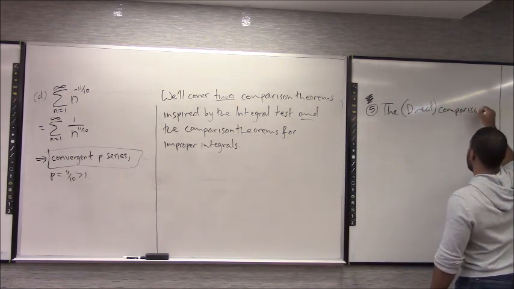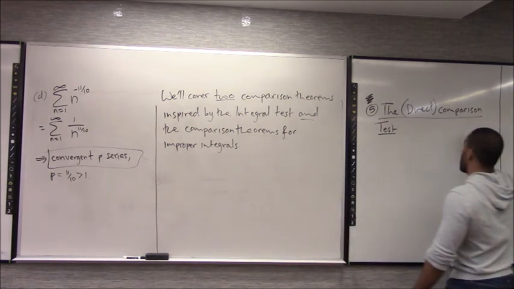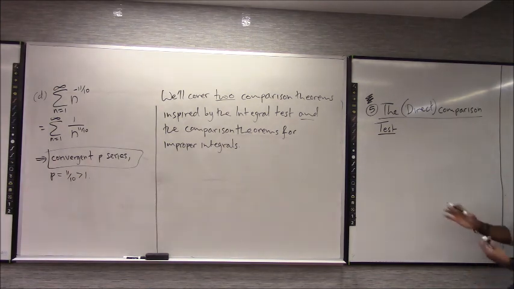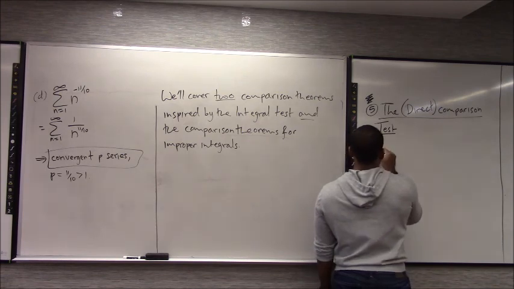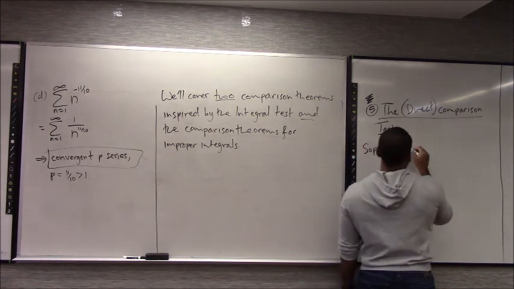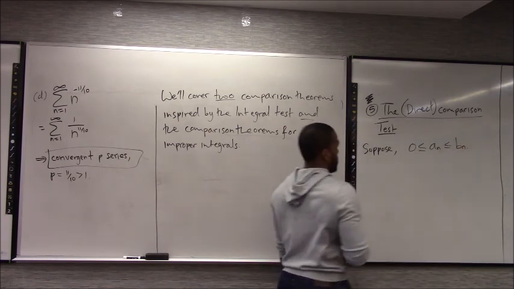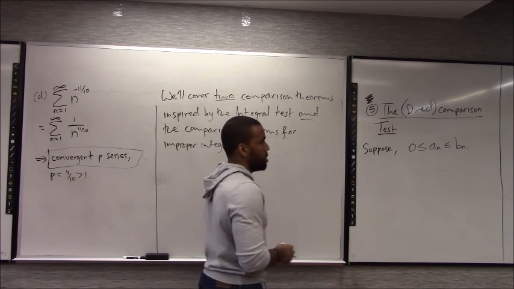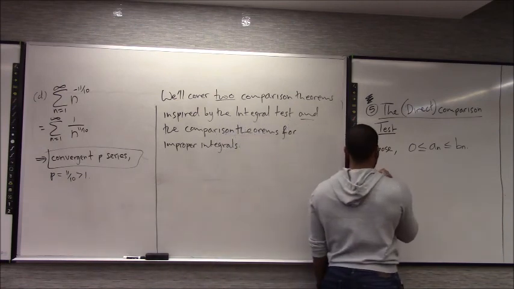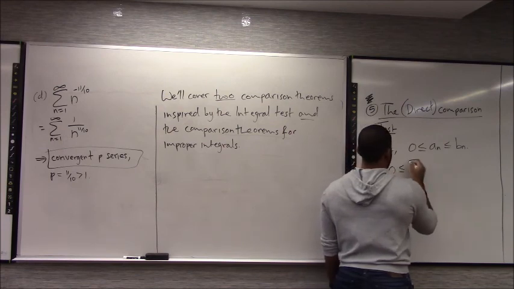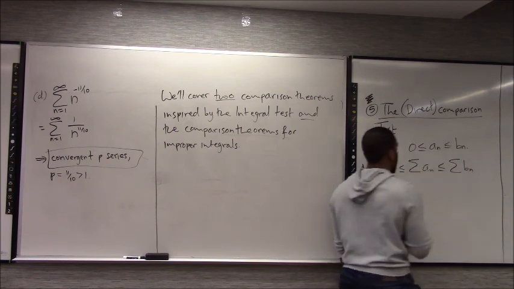When you look at the statement of this test, if you know the comparison test for improper integrals, you're going to see that this is an analogous statement right off the bat. So suppose you have two sequences that are both non-negative, and you know one is bigger than the other in this fashion. Then if you take the series of each of those, it maintains the inequality.